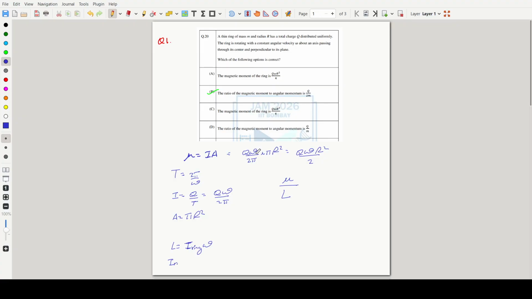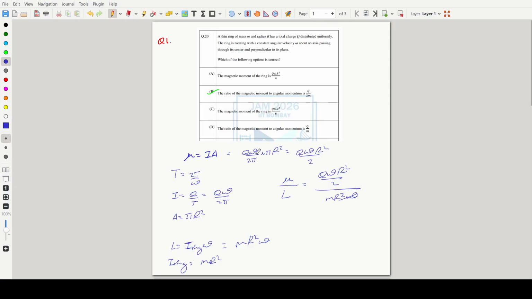The moment of inertia of your ring is m r square, right? So my angular momentum becomes m r square omega. This ratio is called the gyromagnetic ratio. So it's Q omega r square by 2, over m r square omega.